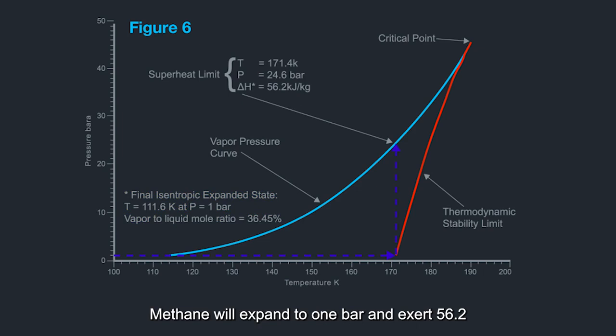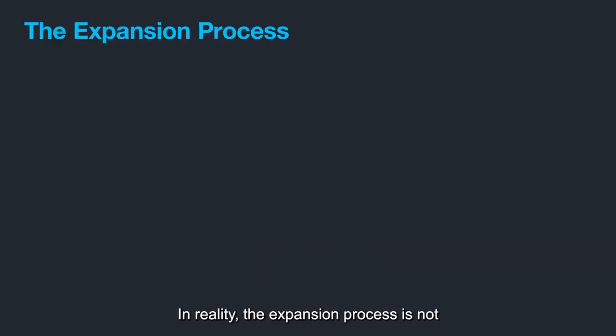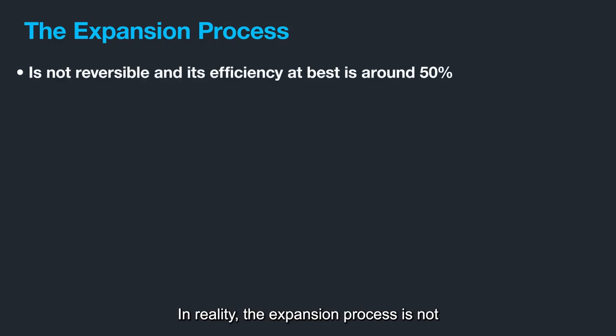Methane will expand to 1 bar and exert 56.2 kilojoules per kilogram in mechanical work, physical or pressure volume, or energy on the surroundings that can be used to create overpressure, i.e. explosion energy. In reality, the expansion process is not reversible, and its efficiency at best is around 50%, as established by actual testing.